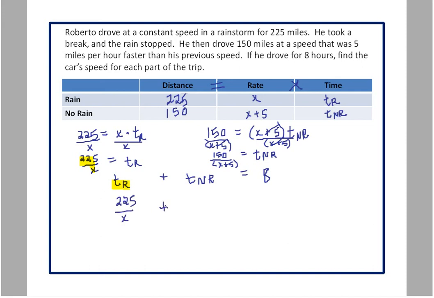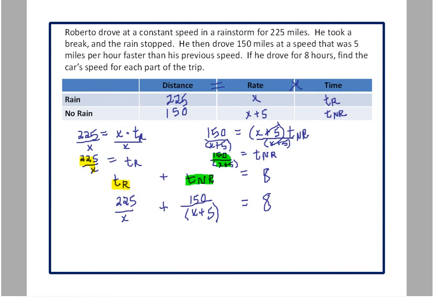For T of NR, we know it equals 150 over x plus 5, so in place of T of NR, we get 150 over x plus 5. And that equals 8. What we're doing is adding up the two times to equal the 8.